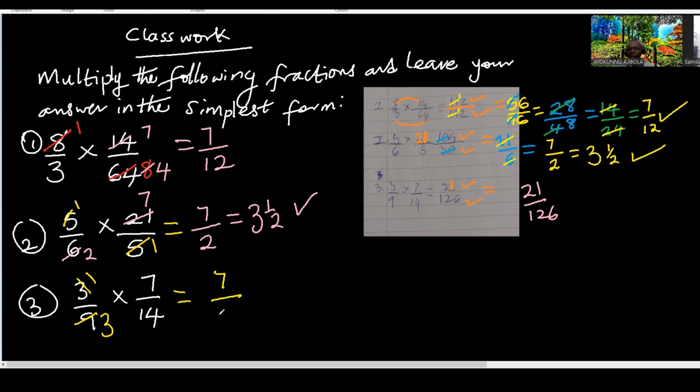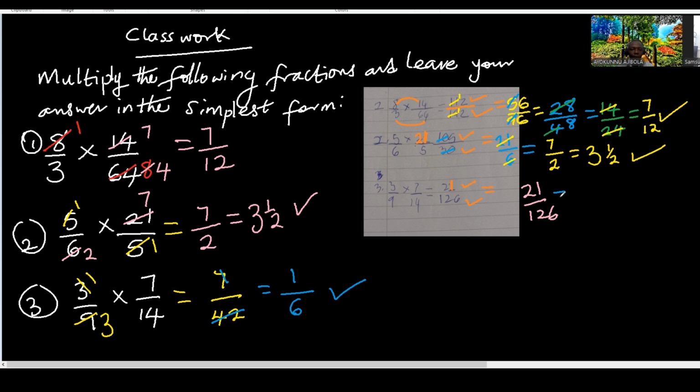And 3 times 14 is 42. 14 times 3 is 42, right? Yes. So 7 can divide 42, right? Yes. So 7 here, 1, 7 here, 6.